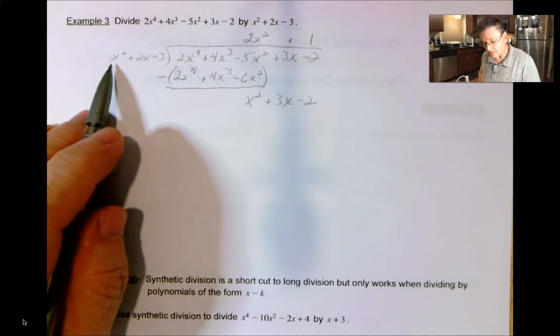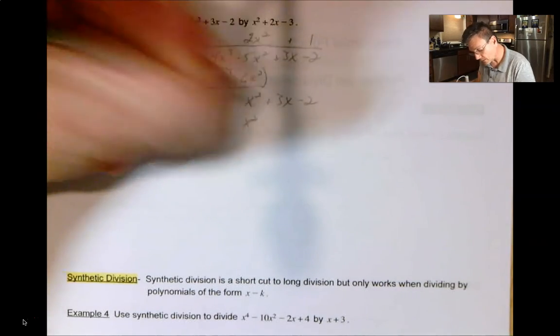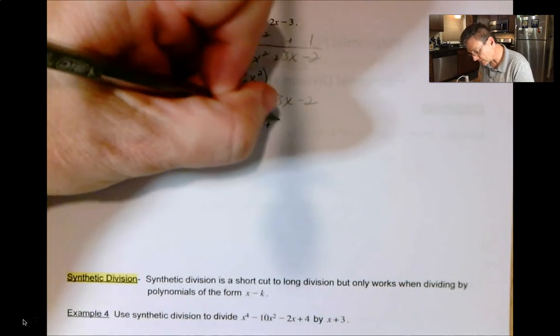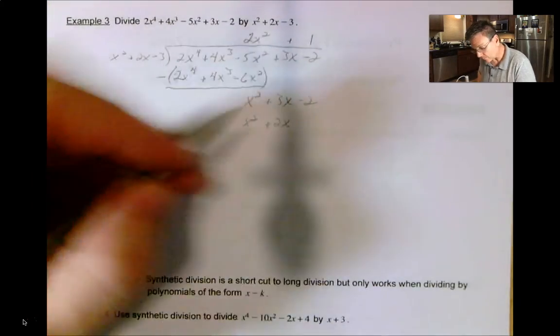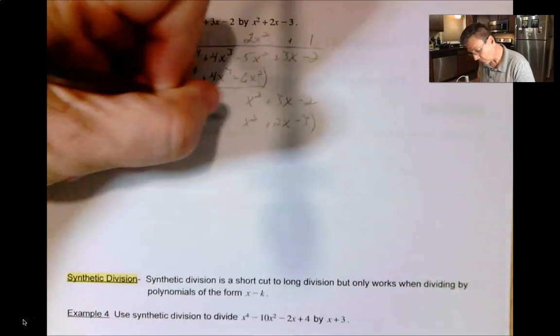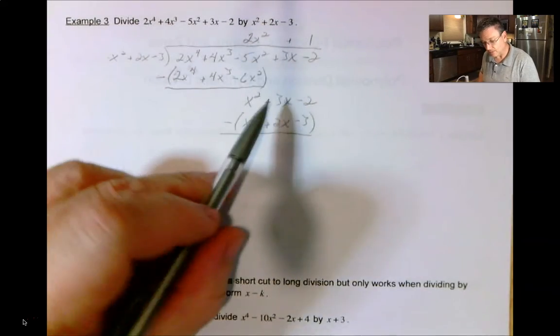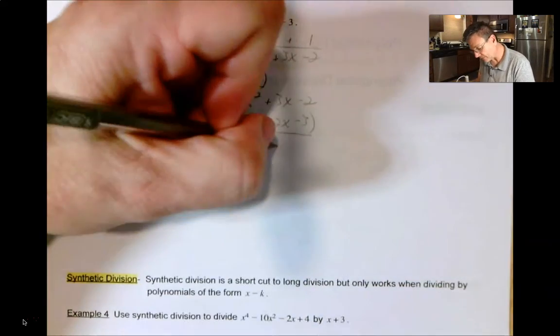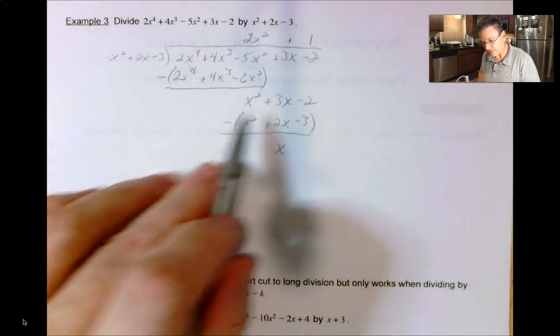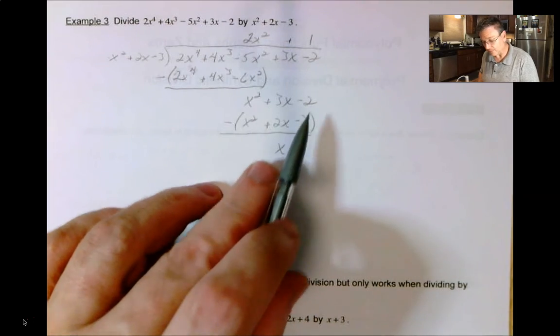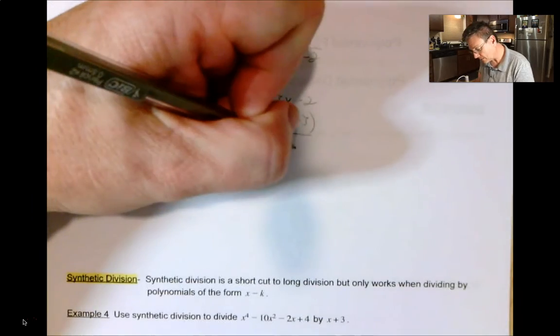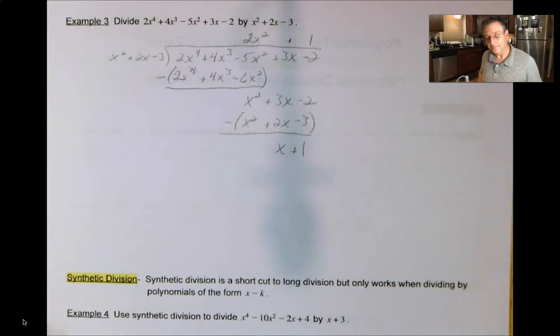So 1 times x squared plus 2x minus 3. In parentheses, subtract it, cancel. 3x minus 2x is x. Negative 2 minus a negative 3, or negative 2 plus 3, is plus 1.